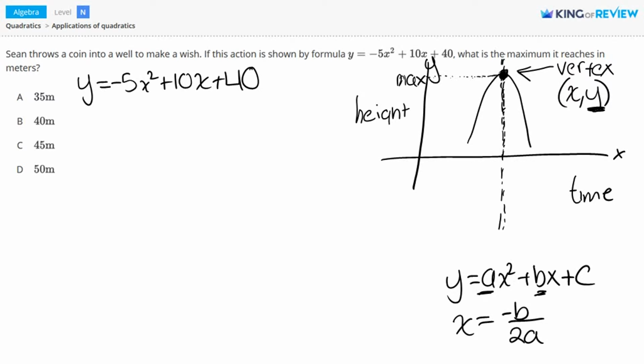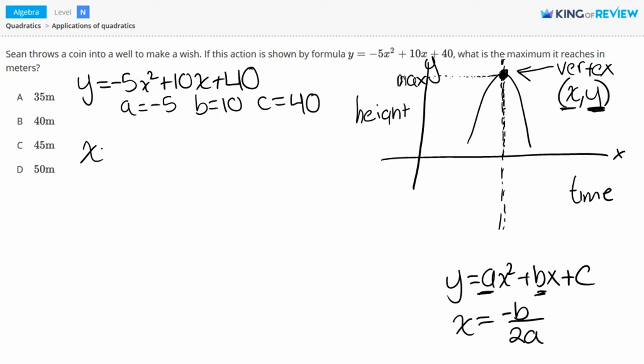This axis of symmetry, the x value, also represents the x-coordinate of the vertex. So looking at our equation, our a value equals negative 5, our b value equals 10, and our c value equals 40.